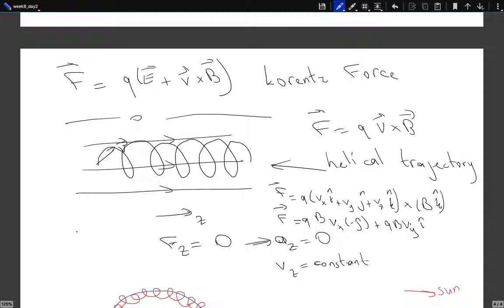So the z component of the velocity is just constant. So this object is making a circular motion in the xy plane, but at the same time moving in the z direction. So it's doing this motion. And that is this helix. So it's doing the circle and at the same time moving in the perpendicular direction to the circle.